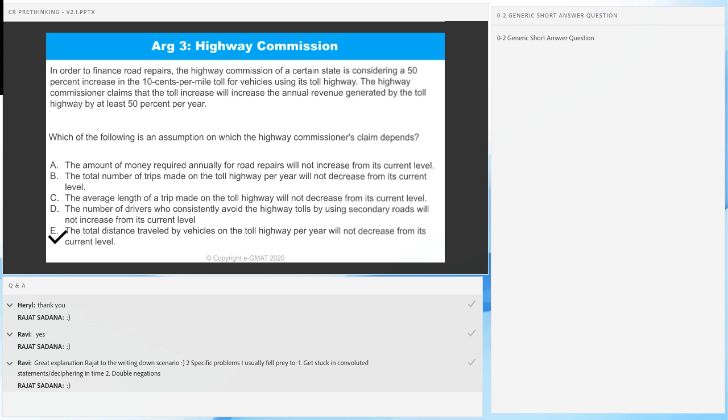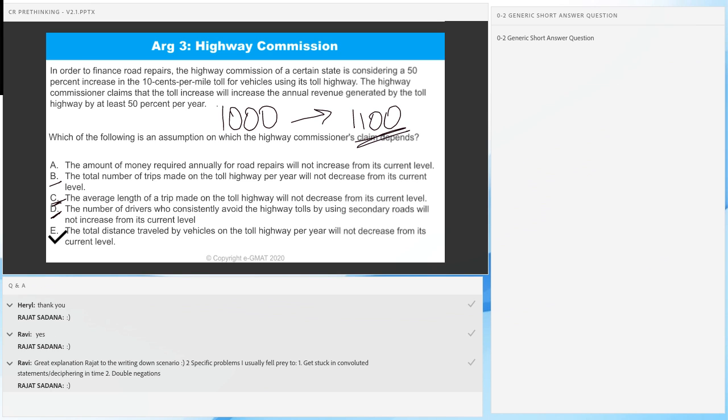Okay, here are all the answer choices, and you can see choices B, C, D. All three of them are strengtheners. Choice D says the number of drivers who consistently avoid the toll highway. Okay. Why is choice D wrong? Let's say earlier 1,000 drivers avoided the toll highway. Now 1,100 drivers avoid the toll highway.